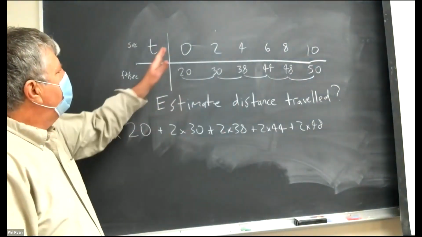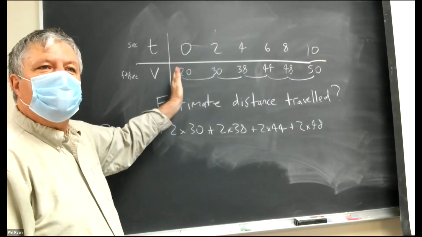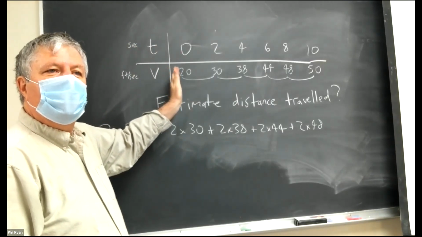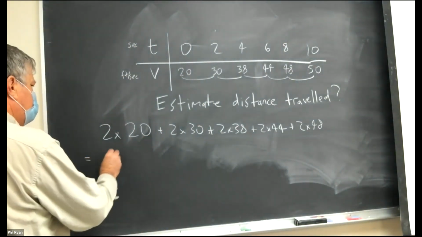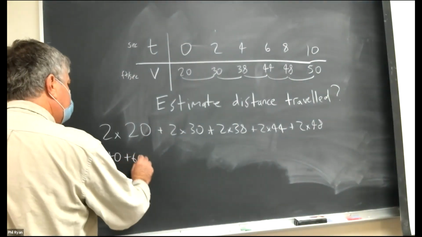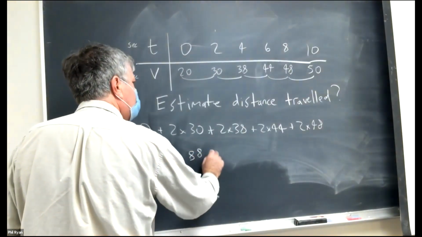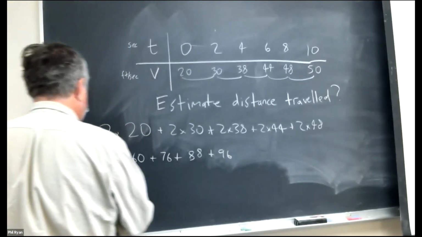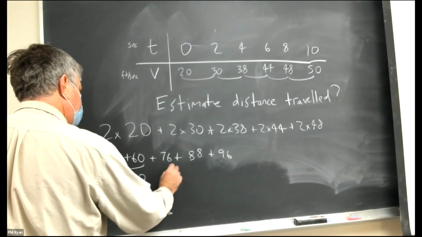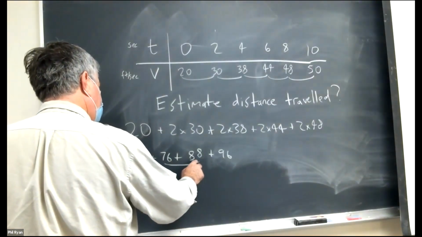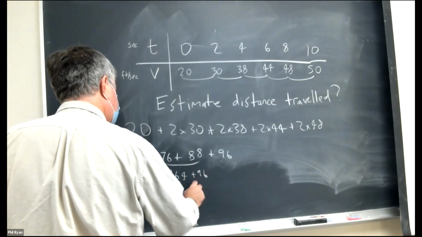In each interval, I picked a velocity I was going, and then multiplied it by the time. That gives us 40 plus 60, that's 76, that's 88, 96, equals 100, 64 plus 96.